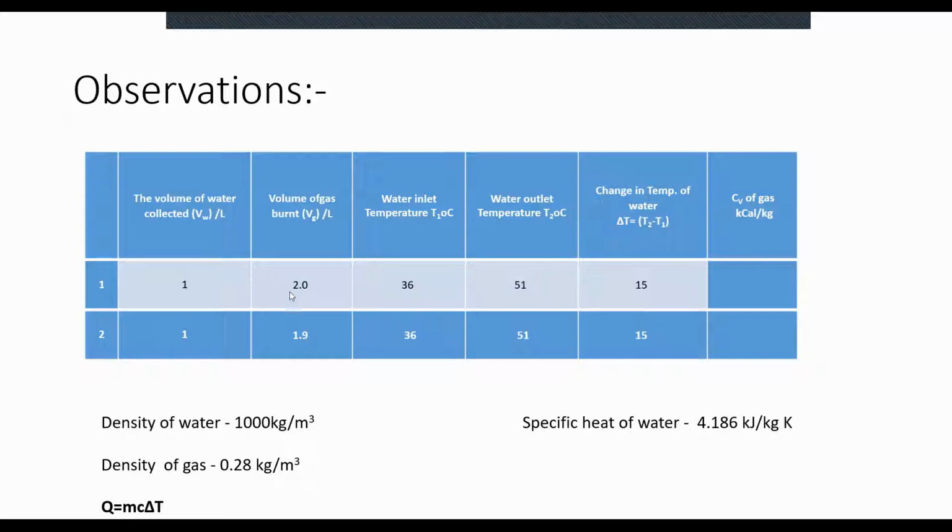That energy is produced by burning 2 liter of this LPG gas. We know that Q is equal to mc theta, or mc delta t. Using that, the energy absorbed by the water equals the energy produced by the LPG gas. So by equating the equations, we can calculate the calorific value of the LPG gas.